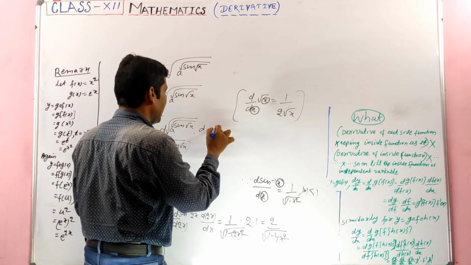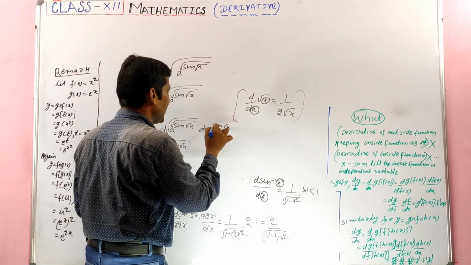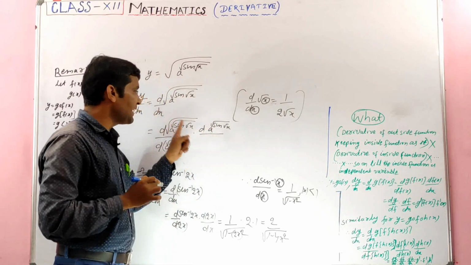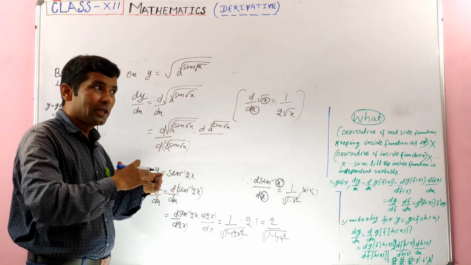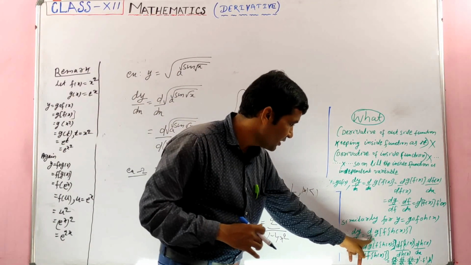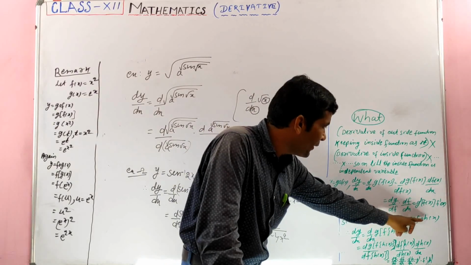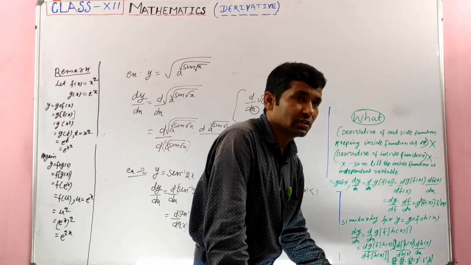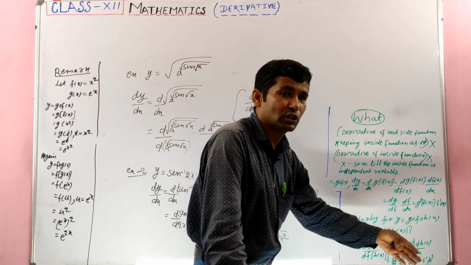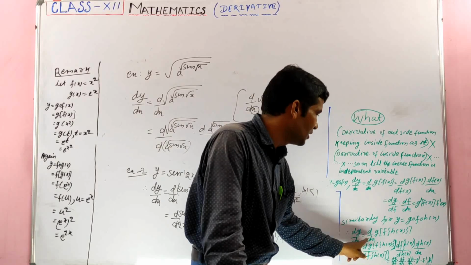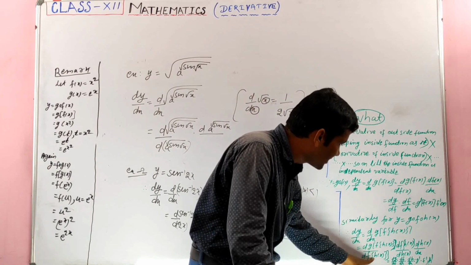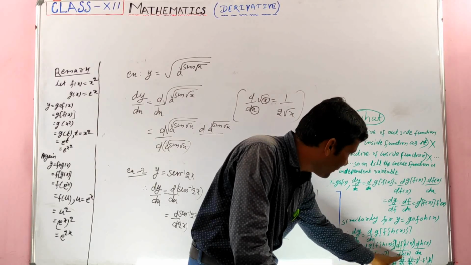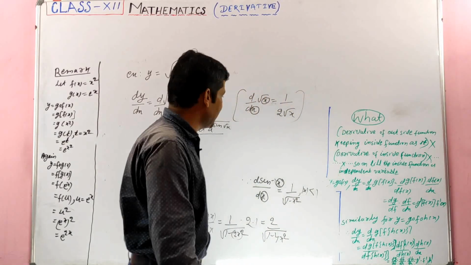D of a to the power sine root x root by, we can write dx directly, but if we do like this, the third one, g of f of h of x, here inside there are two functions. In some cases it may be 4 functions, 5 functions, many functions. Then we have to adjust as dg by df into df by dh into dh by dx.